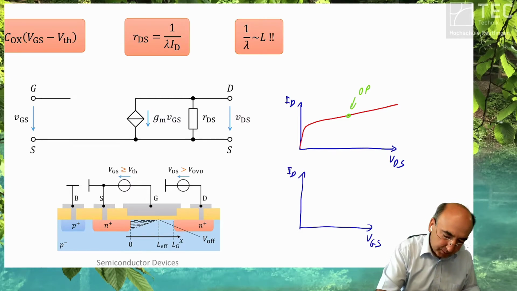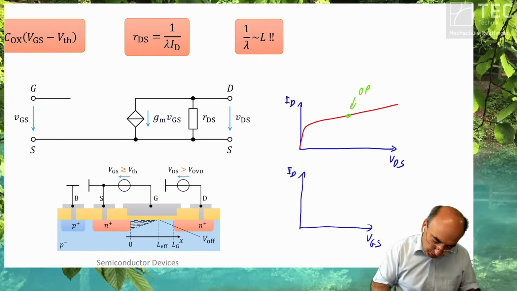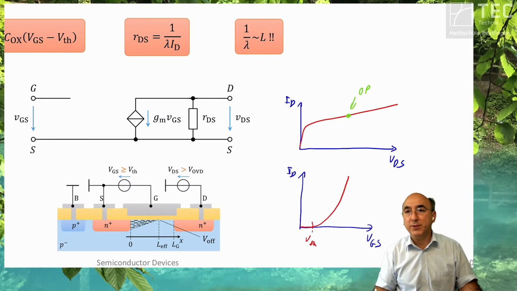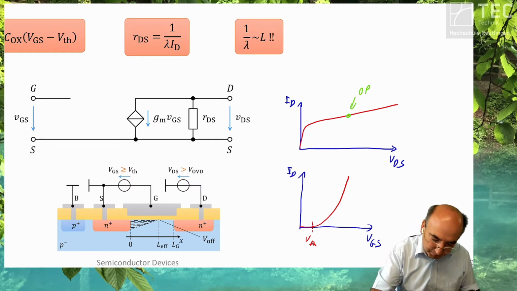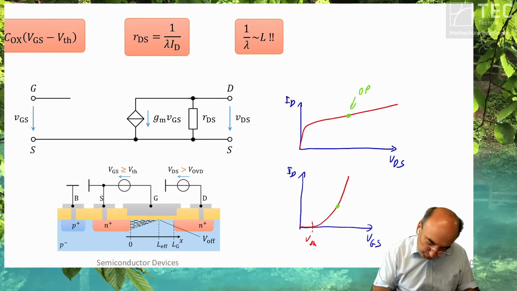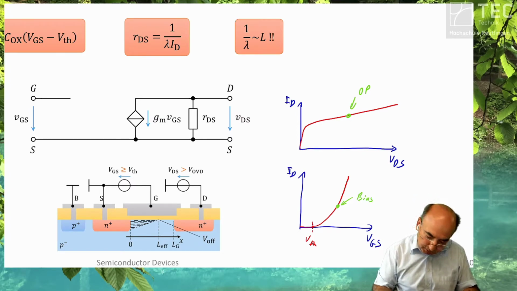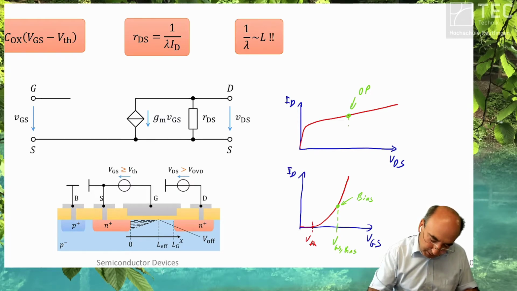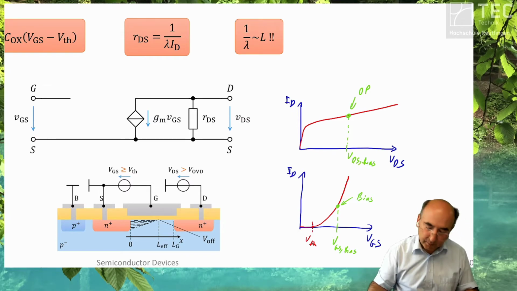So for the transconductance, you have up to the point where you have your threshold voltage, by definition, no current. And then it increases to the square value of VGS. Okay, and here you have also your bias point. Okay, so we have a VGS bias here, and we have a VDS bias here.